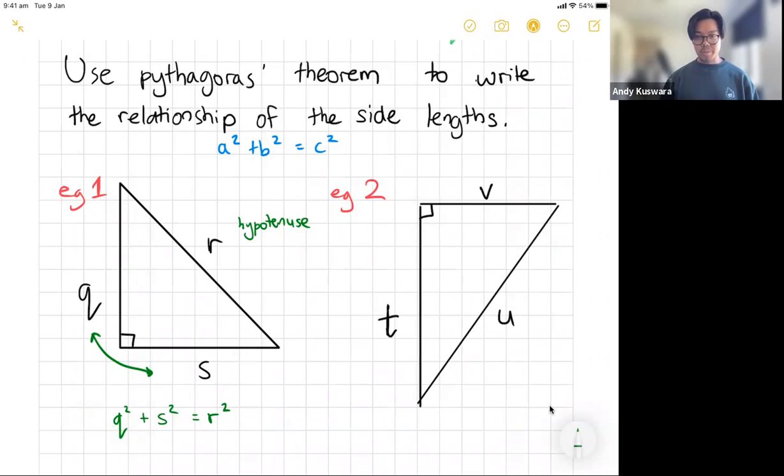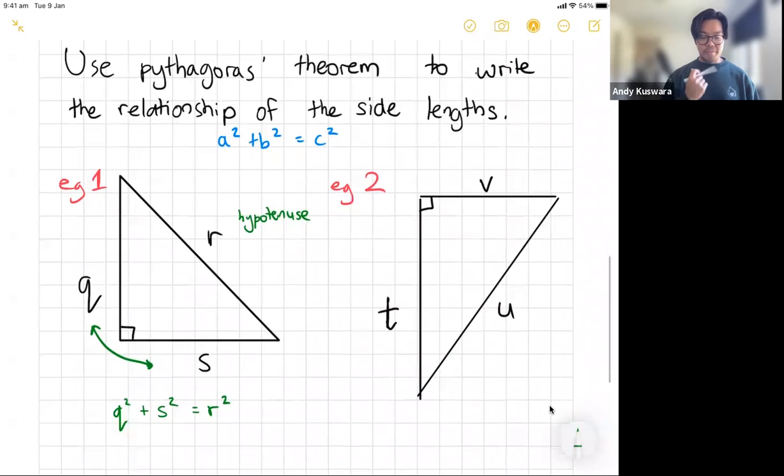For example number 2, I'll give you about 10 seconds to try to figure this out. While you are figuring it out, let me talk a little bit. This seems really weird with all these letters, but in practice we have real numbers for those, and then you can find whatever side length you need using this formula.